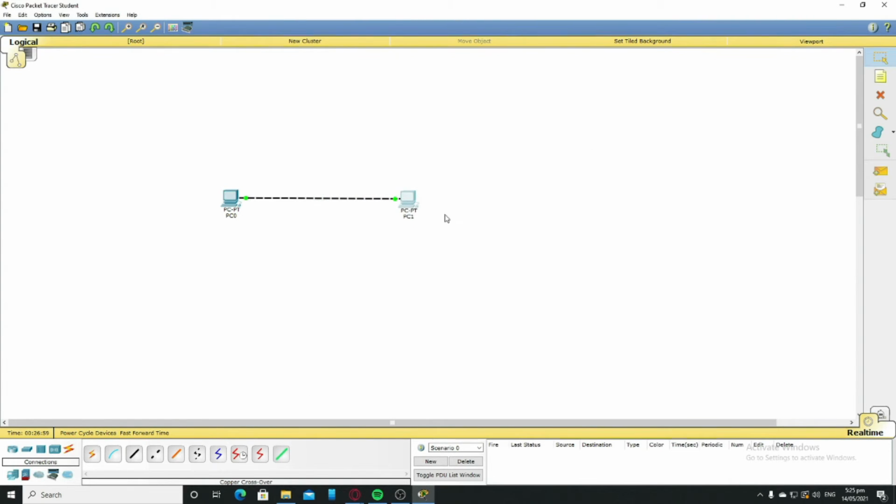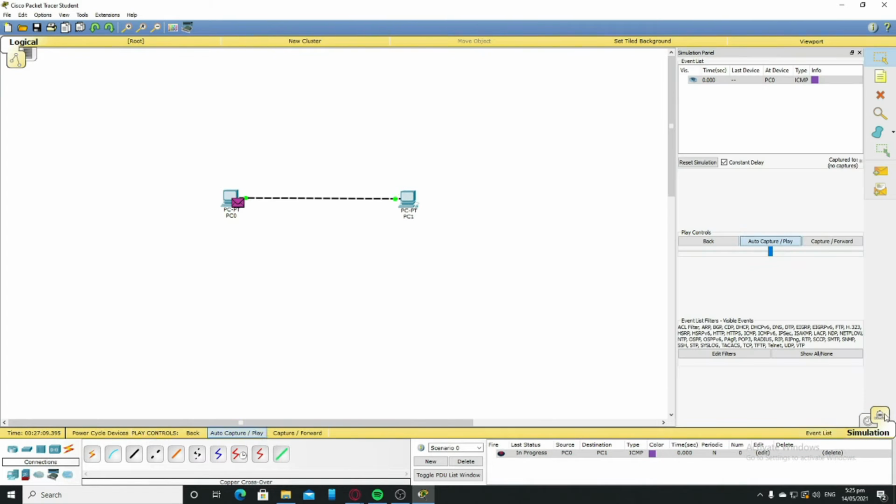Now since they already have their own IP addresses, let's try sending a file to see if it's going to work. Let's go to simulation right there and click autoplay. Let's see if it is working.